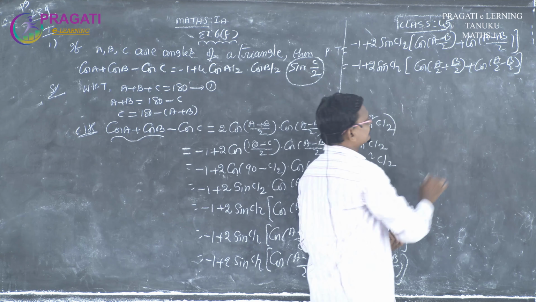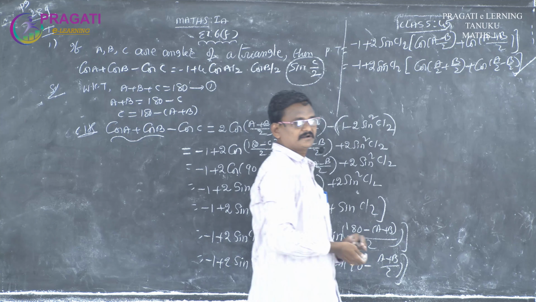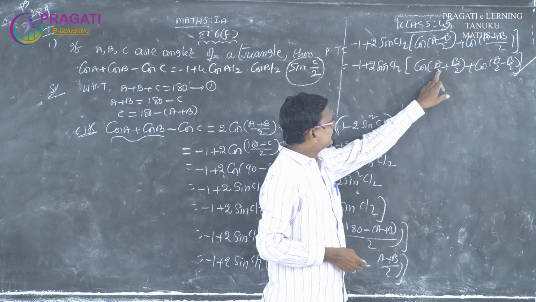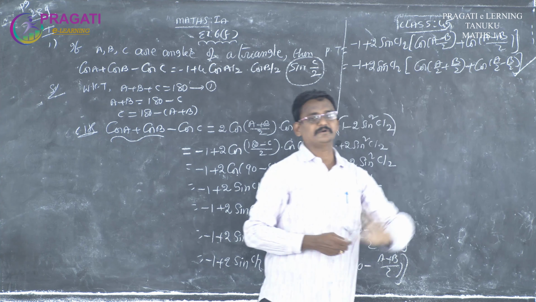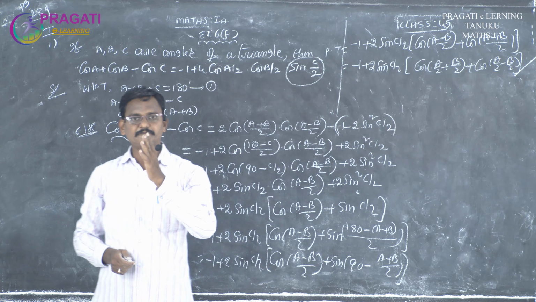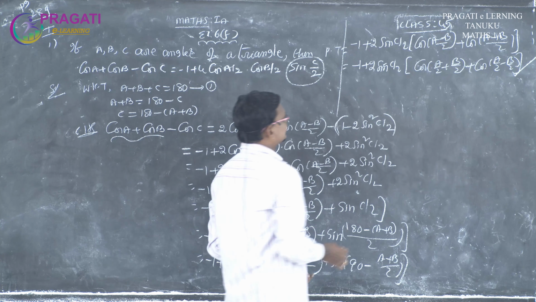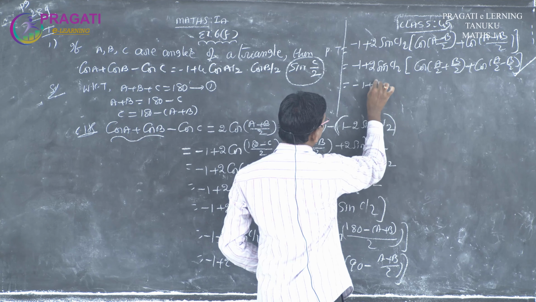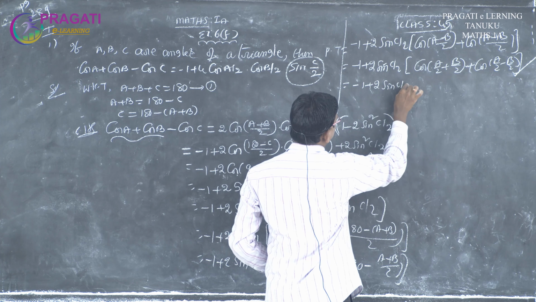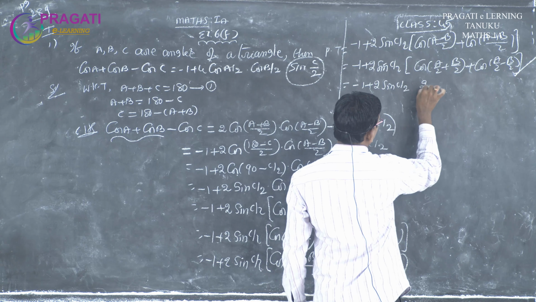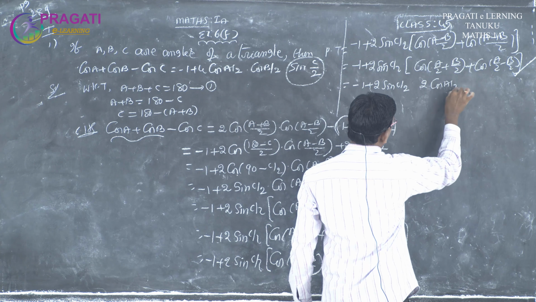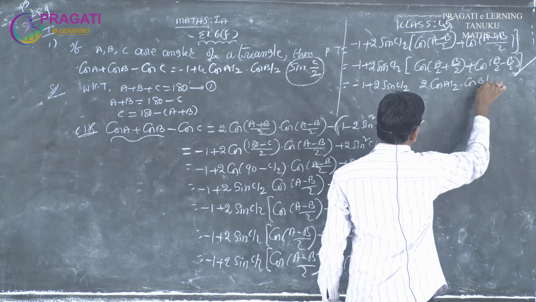Now this is a transformation formula. That formula is cos A plus B plus cos A minus B, and the formula is 2 cos A cos B. So minus 1 plus 2 sin C by 2 into, with the help of the formula, 2 cos A by 2 cos B by 2.